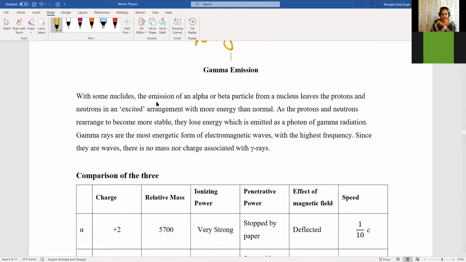And lastly, we have gamma emission. With some nuclides, the emission of an alpha or beta particle from the nucleus leaves the protons and neutrons in an excited arrangement with more energy than normal.